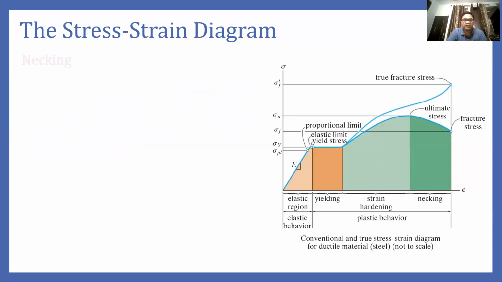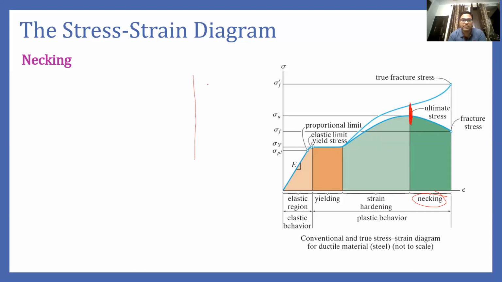Now coming to the last term, which is necking. Up to this point, the material was elongating uniformly. Now, if we further increase the load at this point, what will happen?